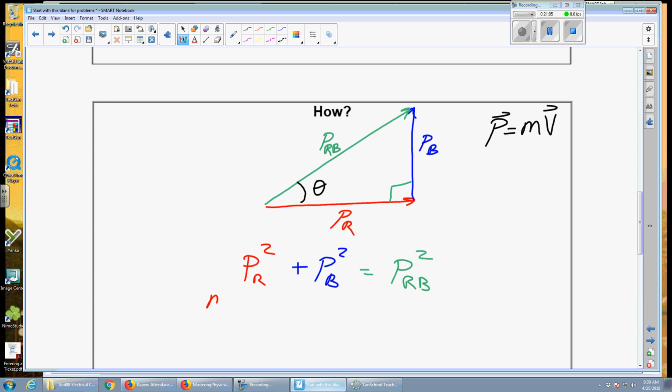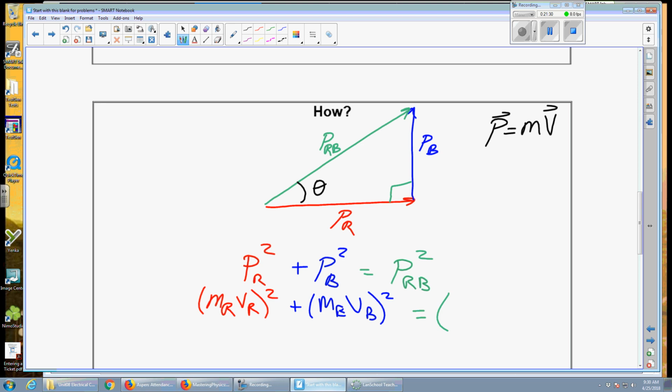And here I can do the mass R, speed of R squared plus mass B, speed of B squared equals.